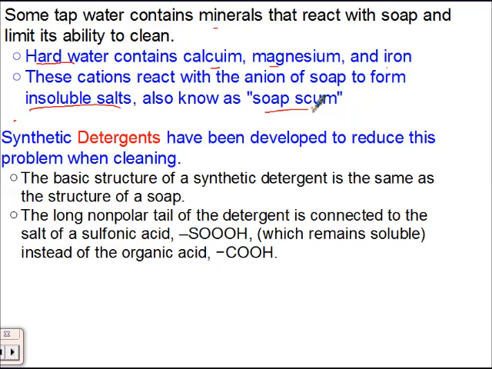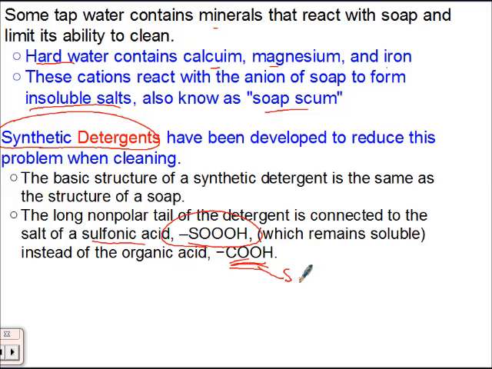So not everybody wants to use a water softener for their water. So scientists have developed synthetic detergents. These are a little bit different than soap. They don't react to form an insoluble salt. They're actually soluble salts. At the end of the tail, the nonpolar end, they have a sulfonic acid.